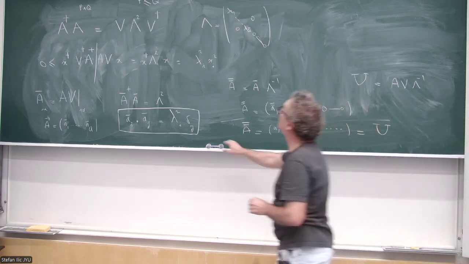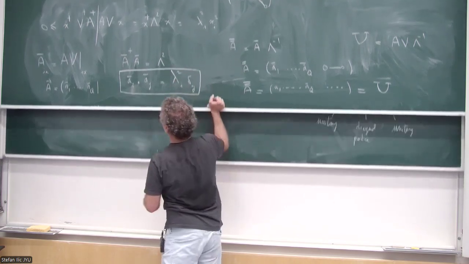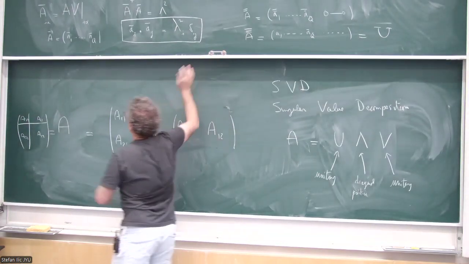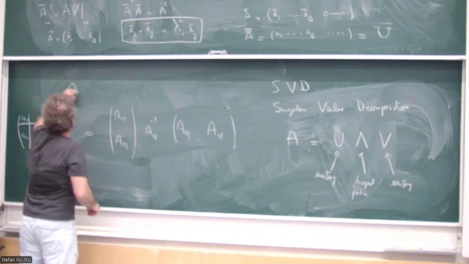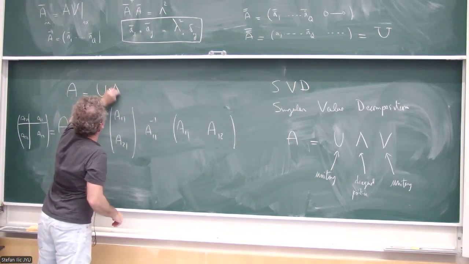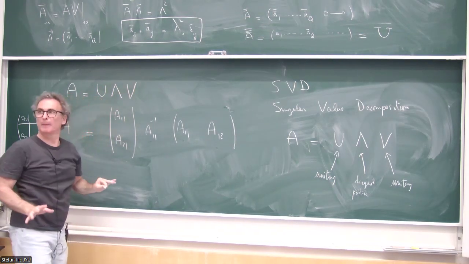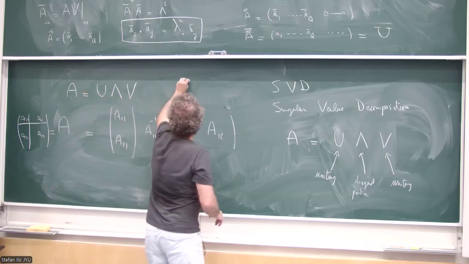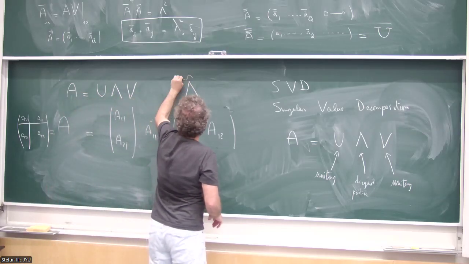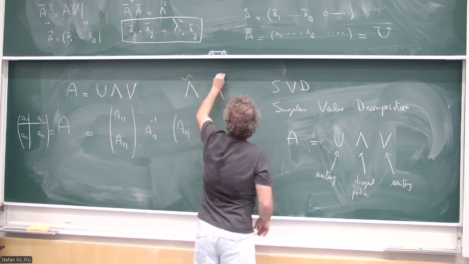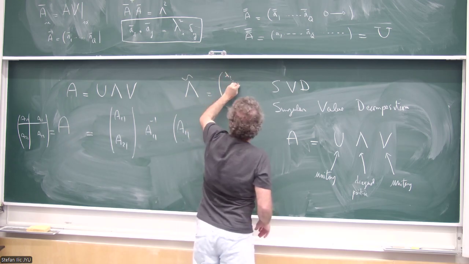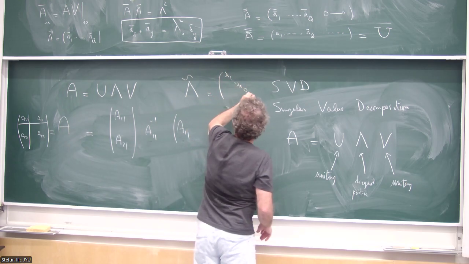So you have A equal U lambda V. This is exact. Now you create the matrix lambda tilde, which contains lambda 1 to lambda chi, and then you put the rest to 0.